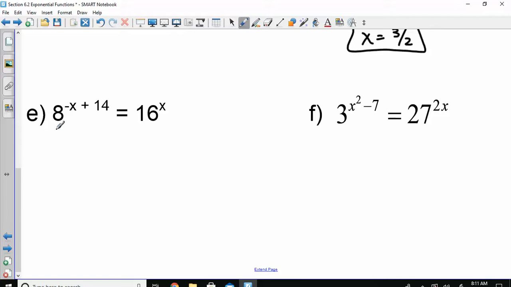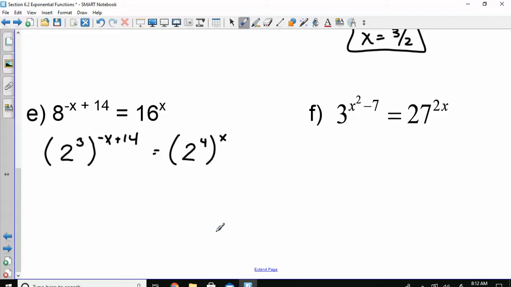No. So I have to change both of these. Both 8 and 16 are powers of what number? 2. So be very careful when you do this. I'm going to put in parentheses. My 8 is the same as 2 to the third. And I'm going to put this negative x plus 14 on the outside for a moment. 16 is 2 to the fourth.